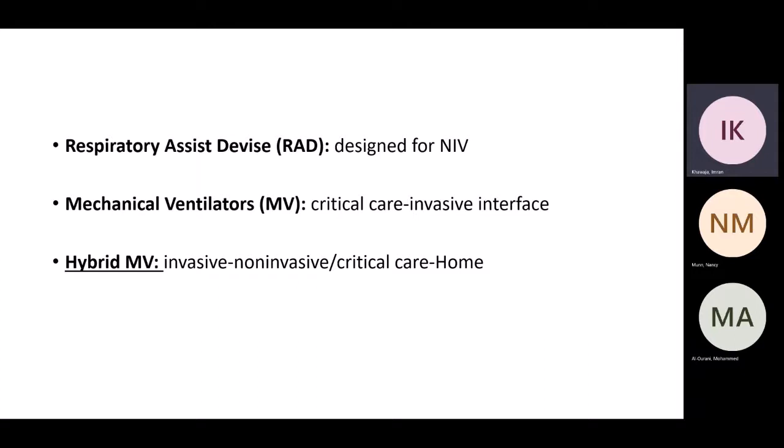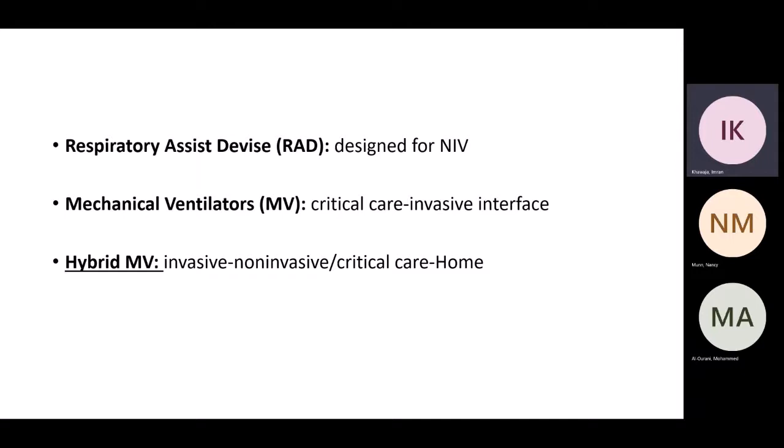What they meant is simple NIV, like CPAP or BiPAP, including even spontaneous BiPAP. Then we have the mechanical ventilators that we know in the ICU, and the hybrid mechanical ventilators. They can be used in the hospital or at home, and in both invasive and non-invasive interfaces.